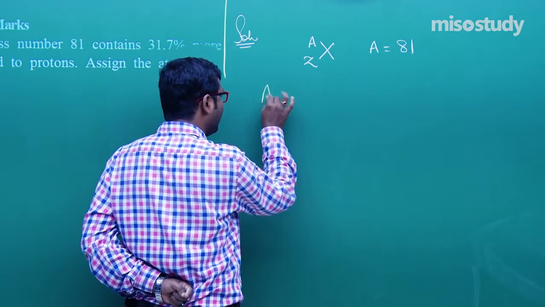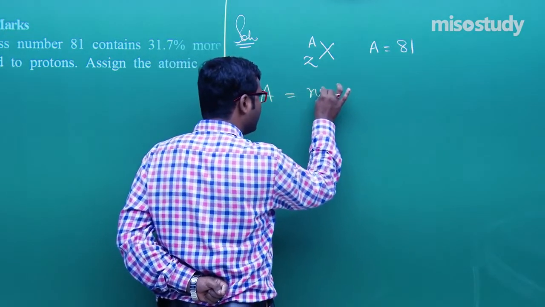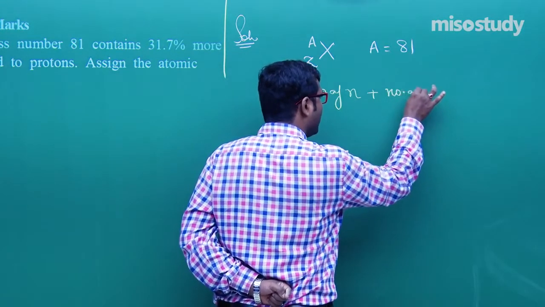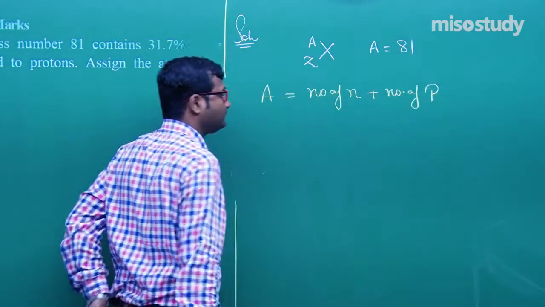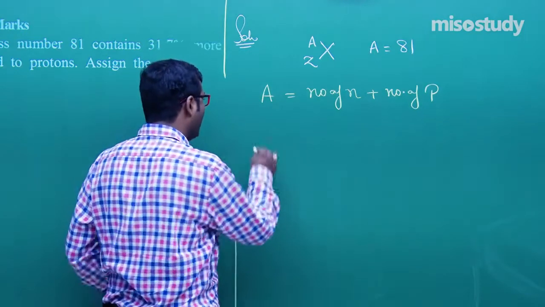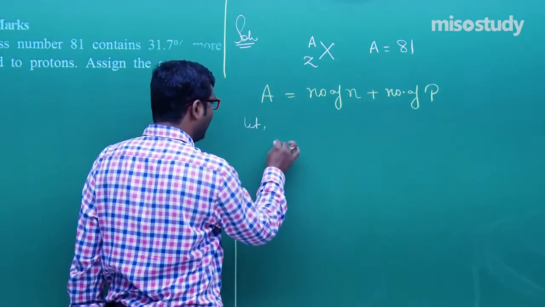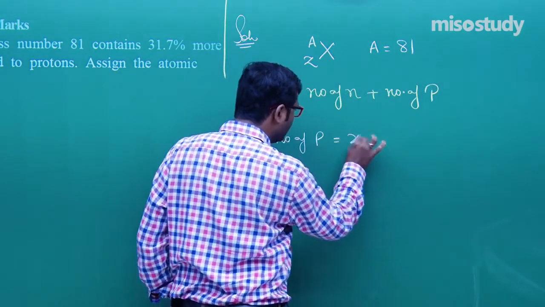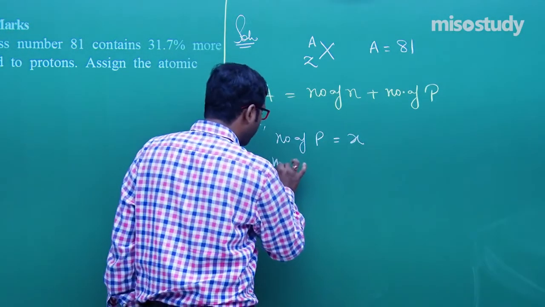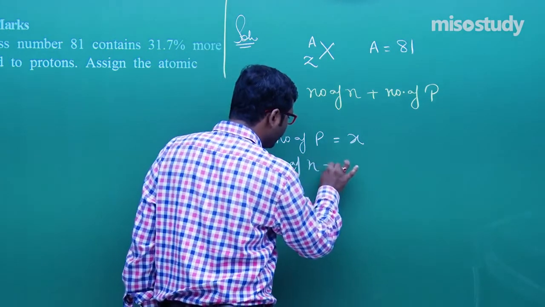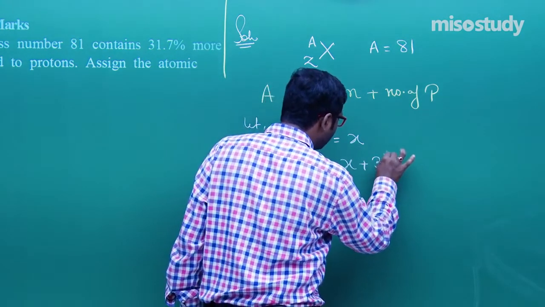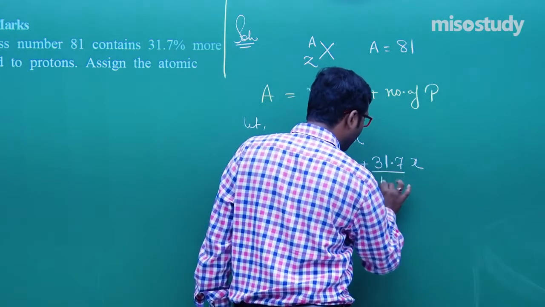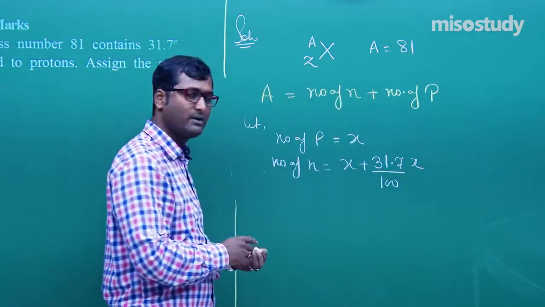As we know, A, the mass number, is equal to number of neutrons plus number of protons. Clear? Now let number of protons be X, and number of neutrons be X plus 31.7X upon 100, since 31.7% more.